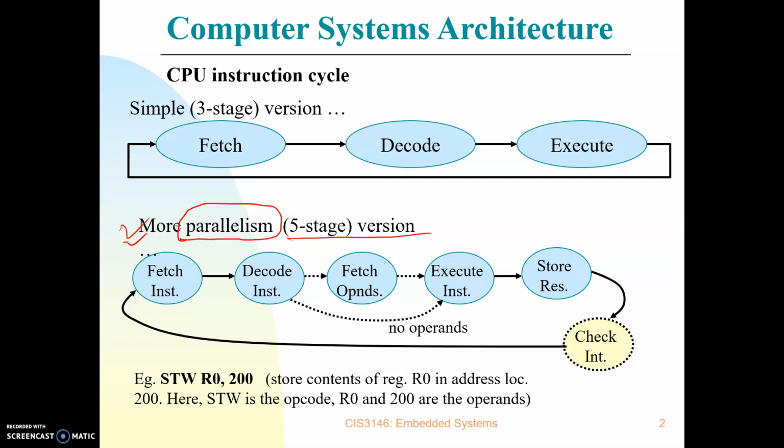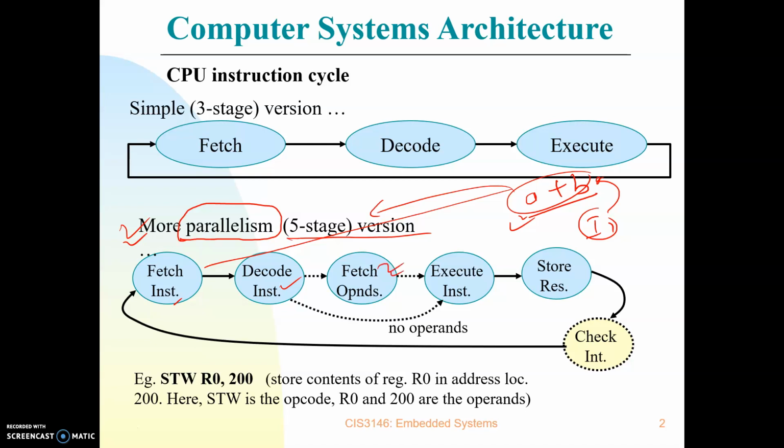So what will happen in this case? Here, if you want to perform the operation A plus B in parallel manner in the 5-stage version, suppose this is instruction I1. Fetch the instruction, then decode it, that is, decode the meaning of this in the form of assembly code and binary code.